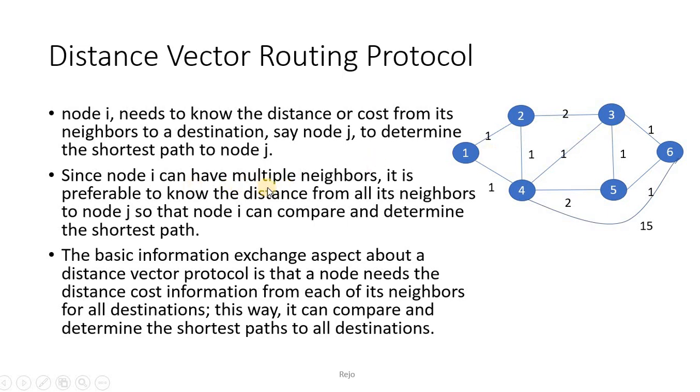Since node I has multiple neighbors, it is preferable to know the distance from all its neighbors. That is, if node 1 is the source node, since it has multiple neighbors, these neighbors are expected to send their routing information to node 1, so that node 1 can compare the information from node 2 and node 4, and it can determine the shortest path to each and every node in the network.